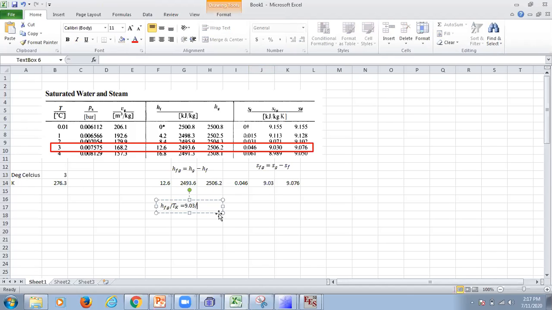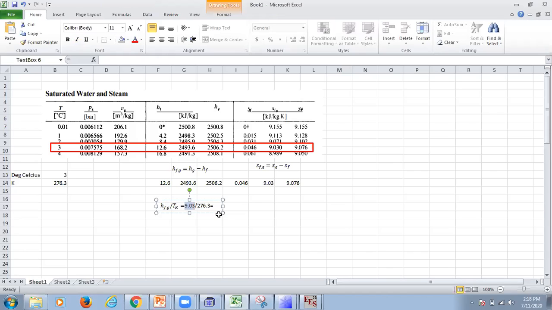Temperature in Kelvin is 276.3. Sorry, I made a mistake. hfg is 2493.6.